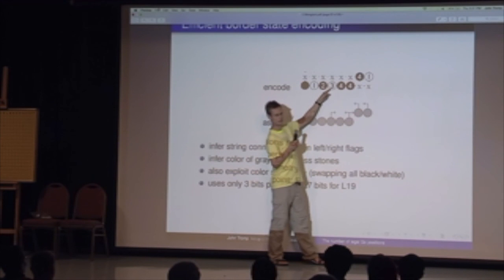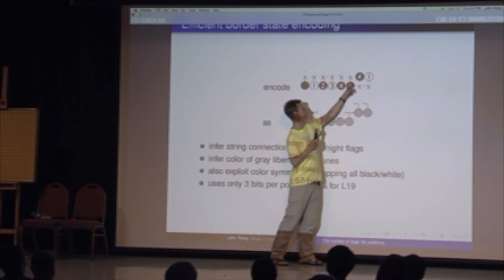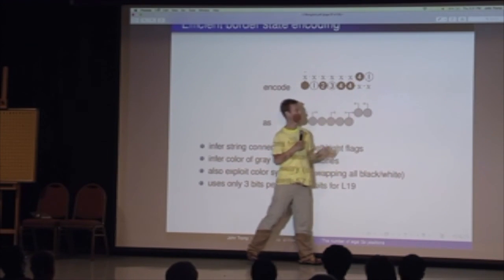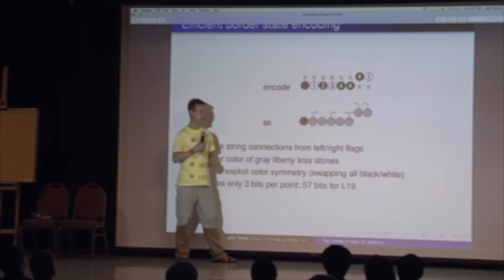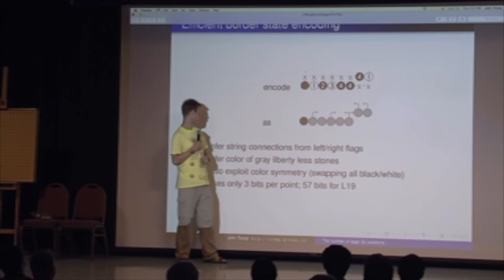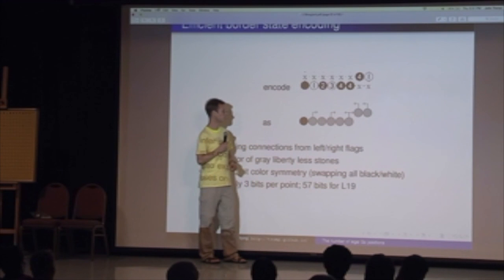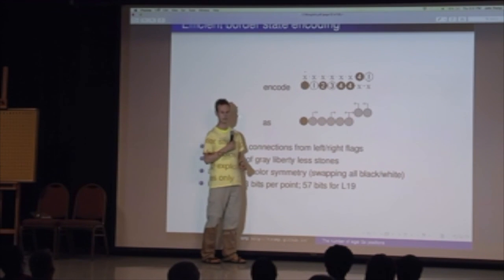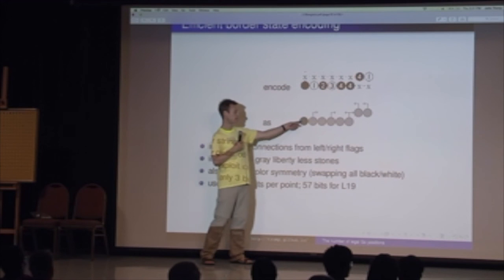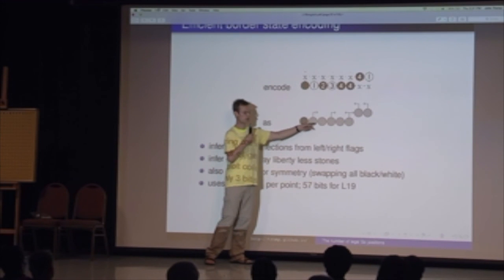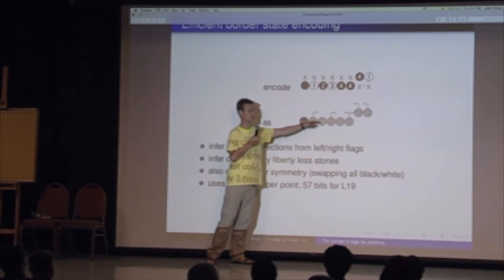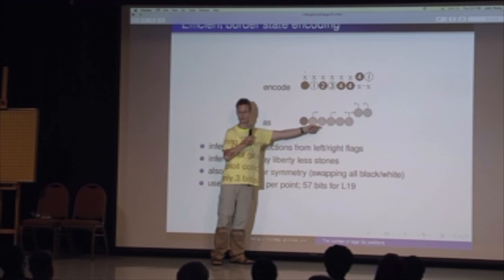These 2 and 3 are by themselves, and these 4 are somehow all connected. The way I can represent this is like this. For stones with liberties, I still remember their color, but for stones without liberties, I just mark them gray. I don't know their color.